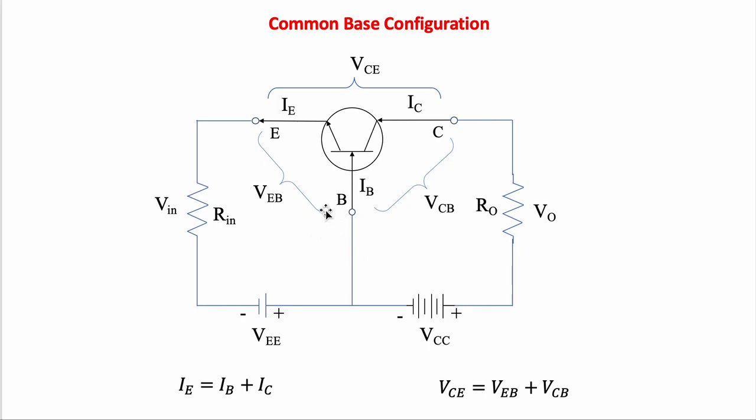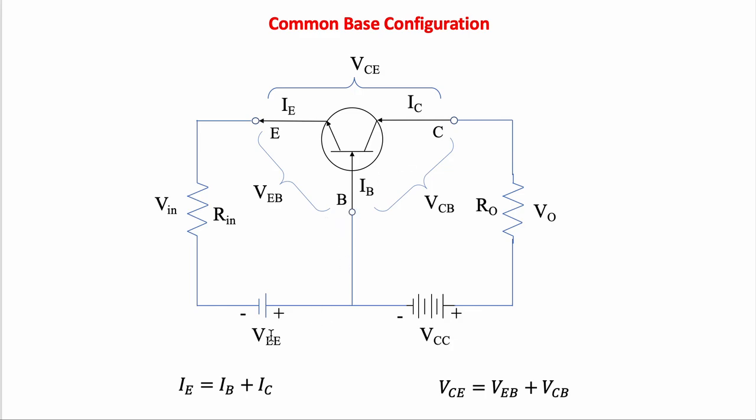So here we see the currents and potentials of the transistor. IE is the emitter current, IC is the collector current, and IB is the base current. And here also VCE, VEB, and VCB symbolize the potential values between the terminals of emitter, collector, and base.